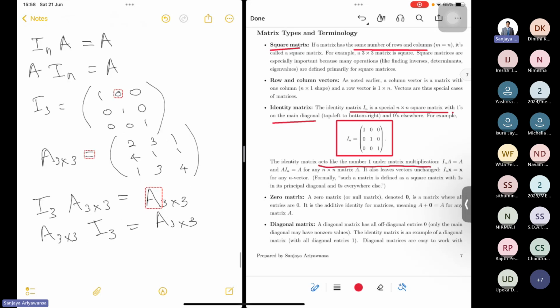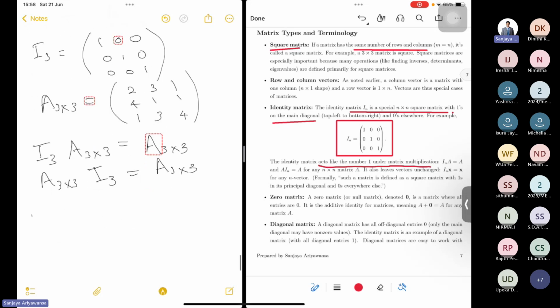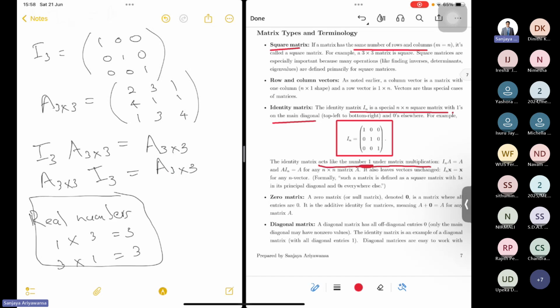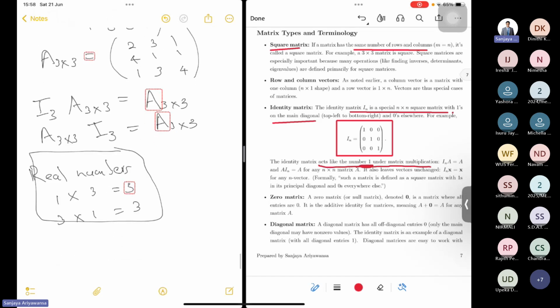Now, in real numbers, this is obvious, isn't it? So what we are saying here is it acts like the number one. So 1 times, let's say 3, is 3. 3 times 1 is also 3, right? In the real numbers. But in matrices, this is not always true.